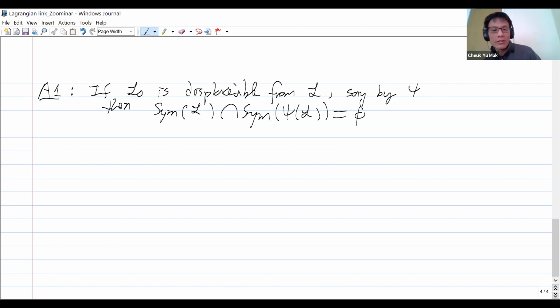So if you can displace one of the connected components from the union downstairs, then you can displace it upstairs after passing to a symmetric product.